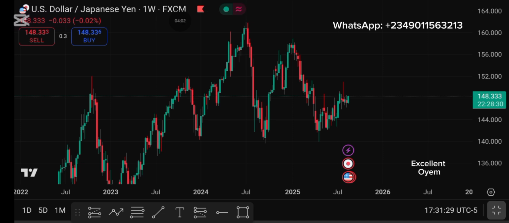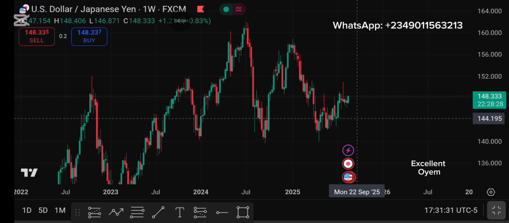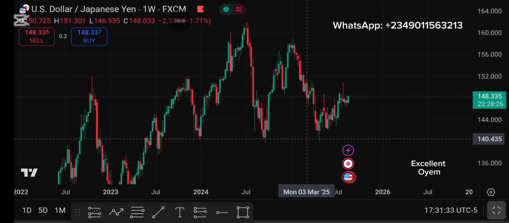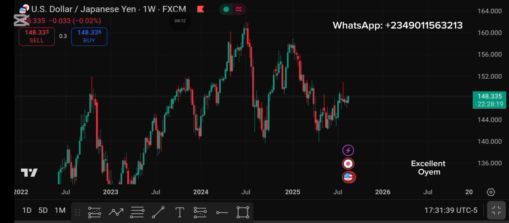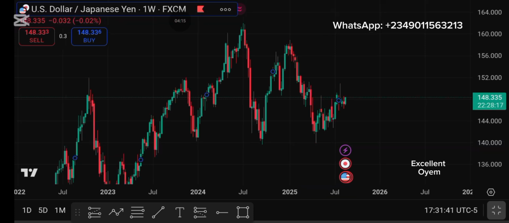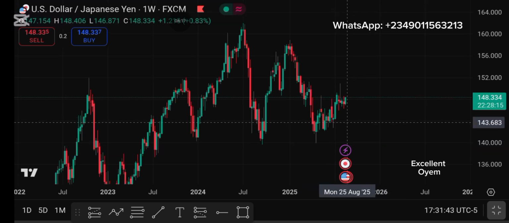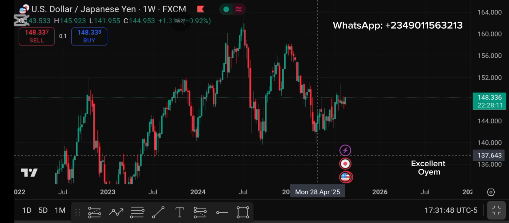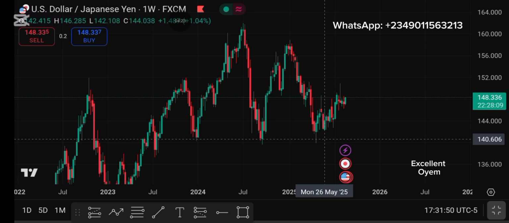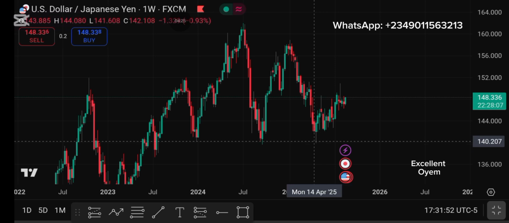Use chart patterns. We mean chart patterns in a way that you can use. This is a pin bar now, and this level here is a pin bar.